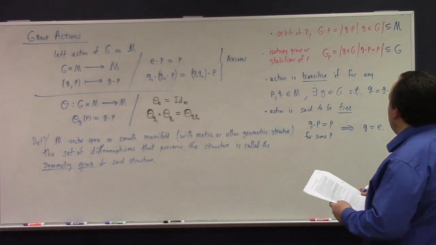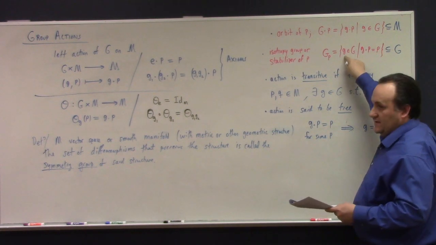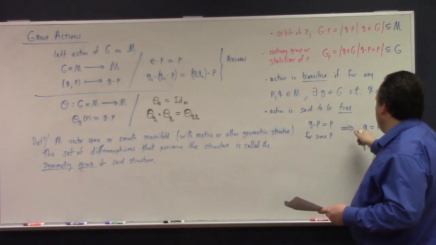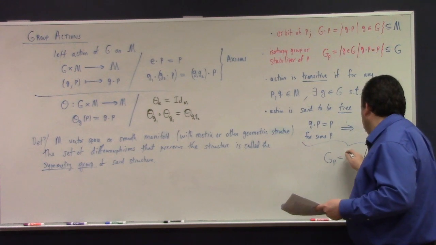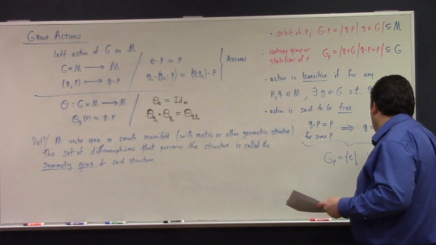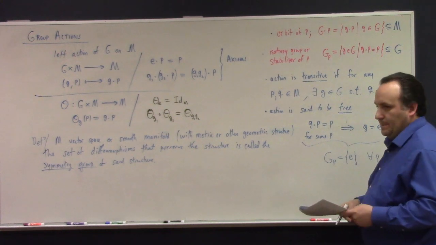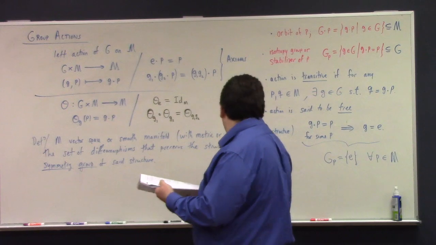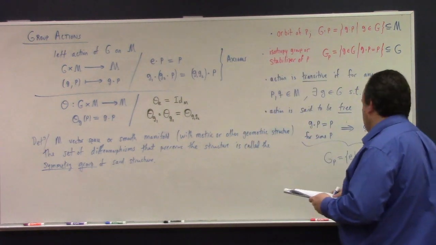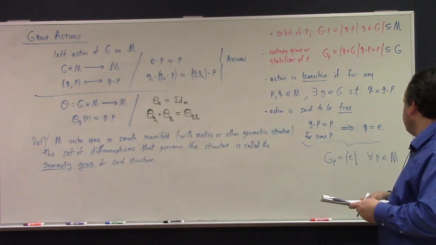It makes sense. G dot P equals P only for G equal to E. So this action is said to be free. Another way to say this is that G sub P is equal to the identity group for all P in your manifold. Yep, so for some P means any P. Yeah, just if there exists a P. Yeah.